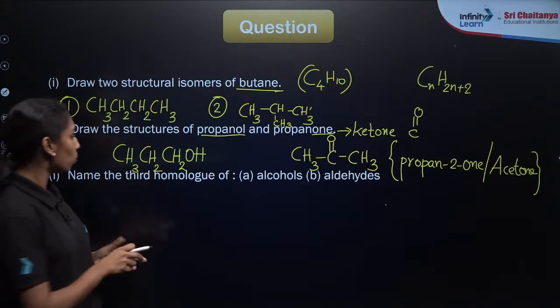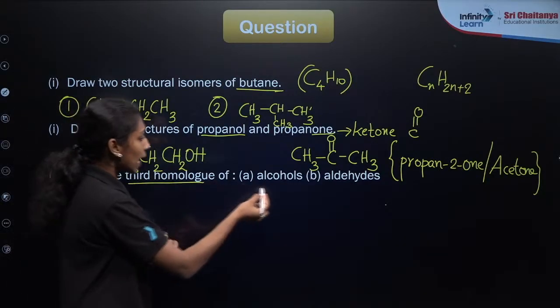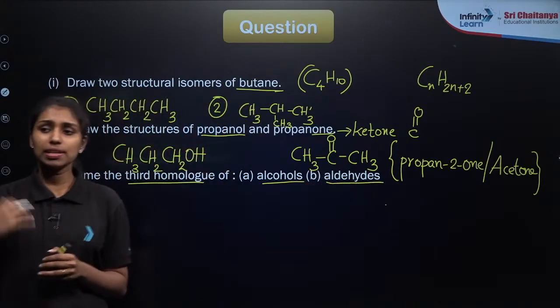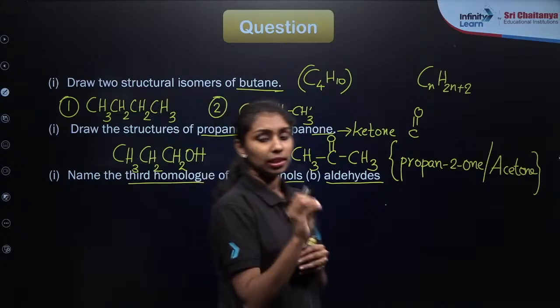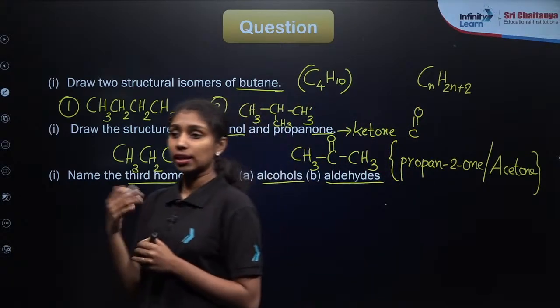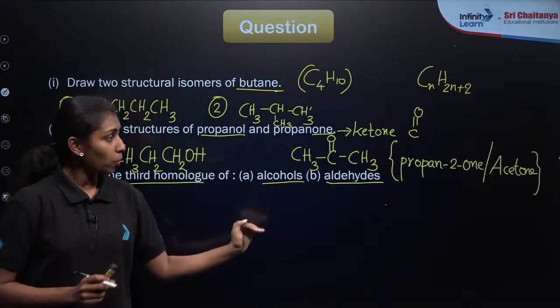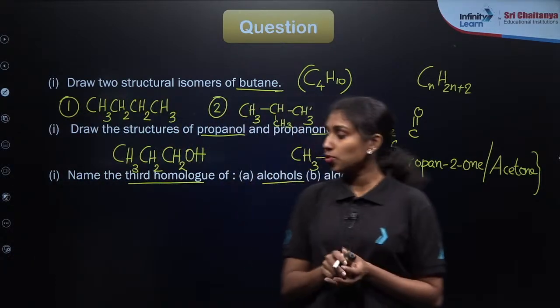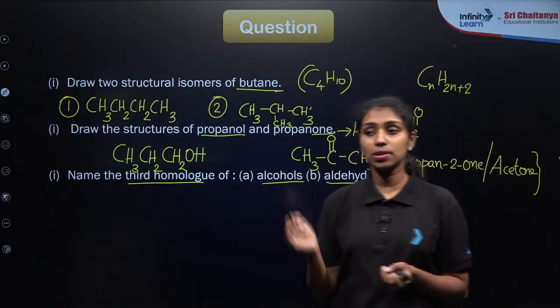Name the third homolog of alcohols as well as aldehydes. Whenever we discuss the homologous series, we have seen that in the case of compounds like alcohols, alkenes or aldehydes, two compounds which differ by a CH2 unit form a homologous series, right? So what is the first compound in the case of the alcohol series?